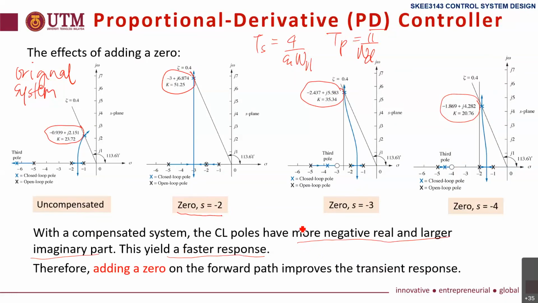The next question is where to put the 0. Okay, this is just a test. We put -2, -3, -4. But in general, adding 0 will improve the transient response, will make the system faster. But the exact location will be dependent on the desired specification.